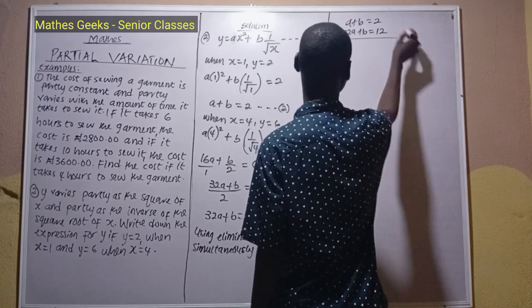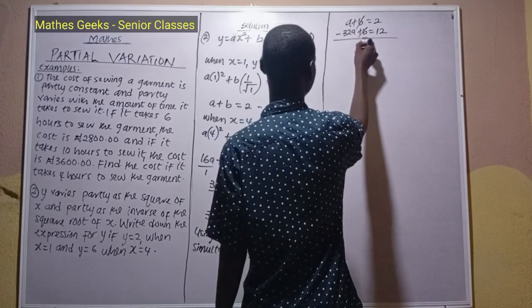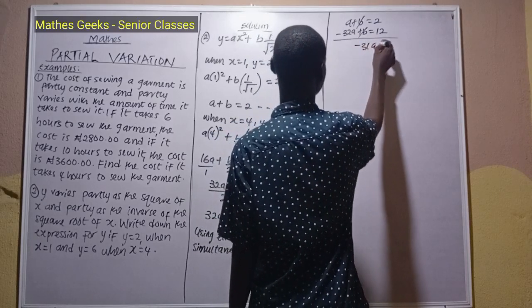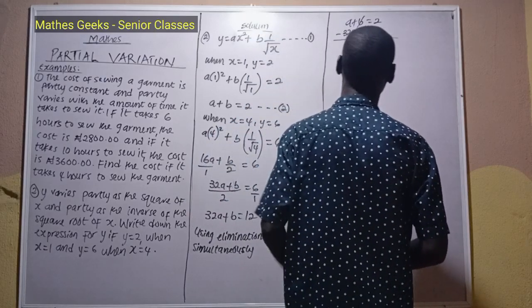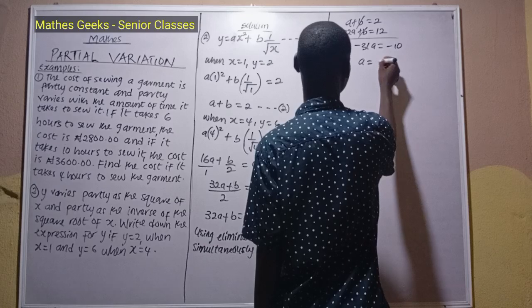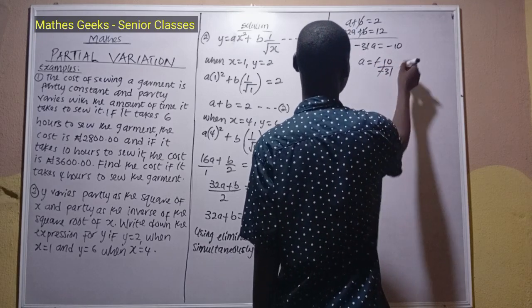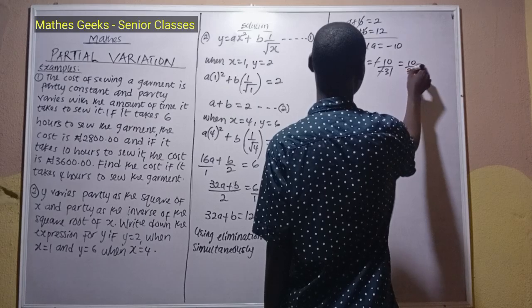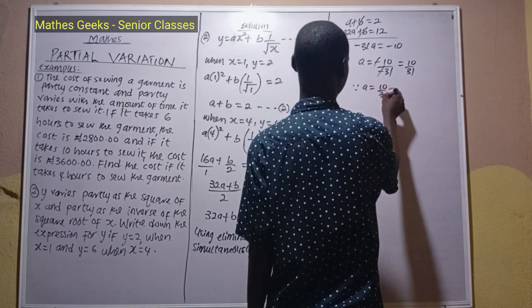So let's subtract. The b will cancel. A minus 32a will give us minus 31a. So 2 minus 12 will give us minus 10. So a is equal to minus 10 over minus 31. The minus signs cancel out. So therefore a is equal to 10 over 31.